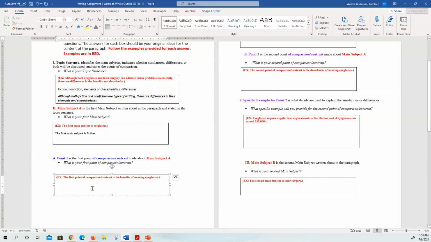So I would change that to the first point of contrast, because I'm writing about differences, is the characteristic elements. So the first point of contrast is the characteristic elements of fiction.